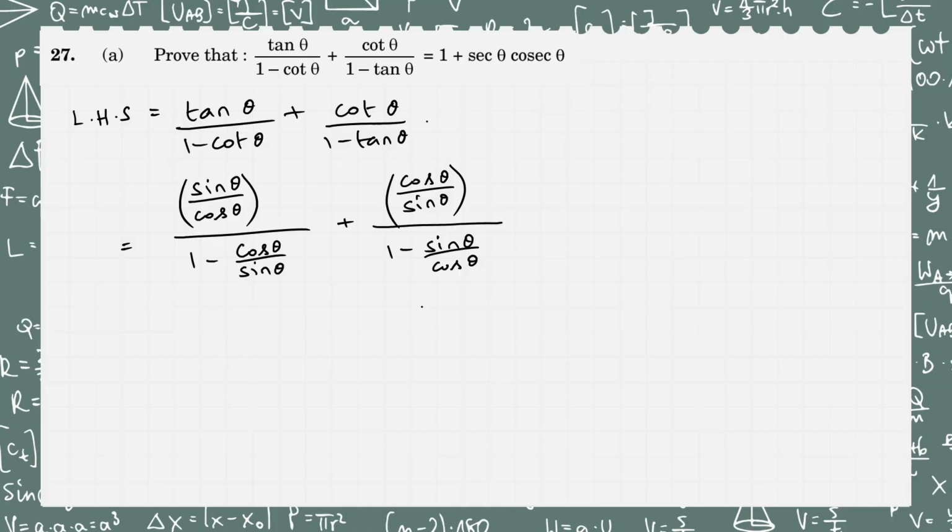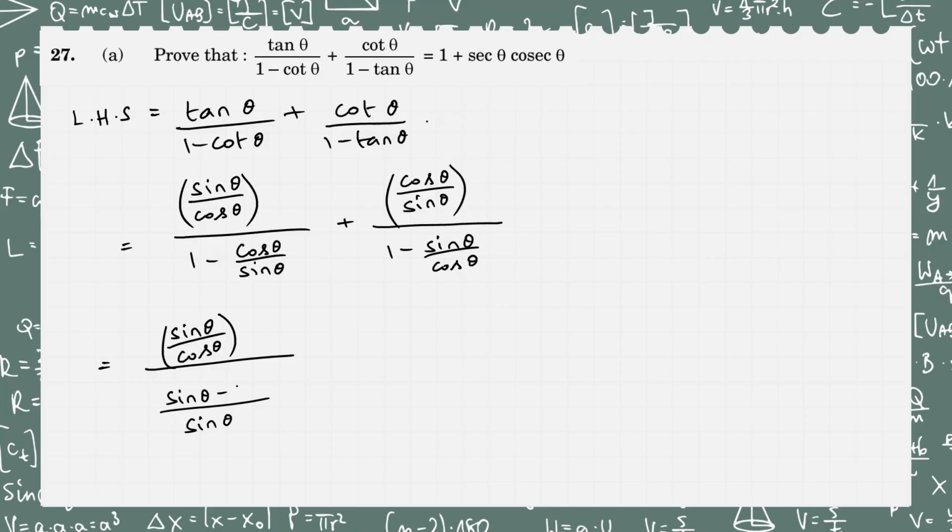And next what we are going to do is we are going to take sin theta as the LCM for the first fraction and cos theta as the LCM for the second fraction. And let's see what happens. So the numerator remains the same, right? Sin theta by cos theta remains the same, divided by taking sin theta as LCM here. 1 into sin theta we have to do, right?